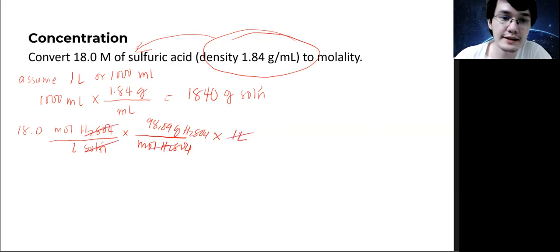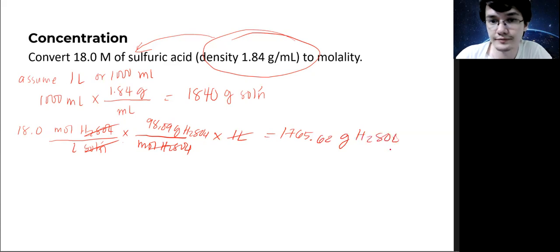Cancel, cancel, cancel. Then, we have 1,765.66 grams of sulfuric acid.